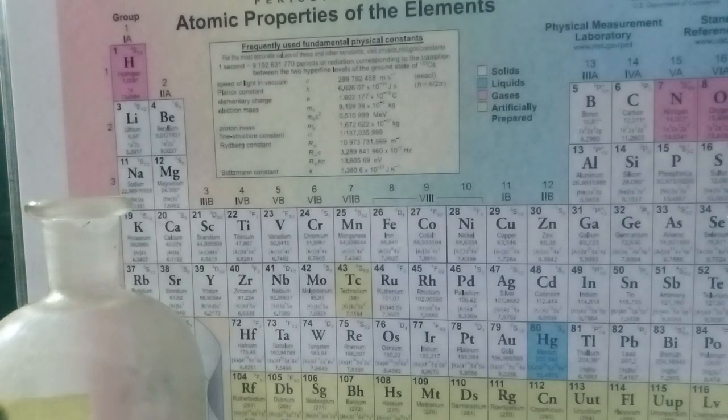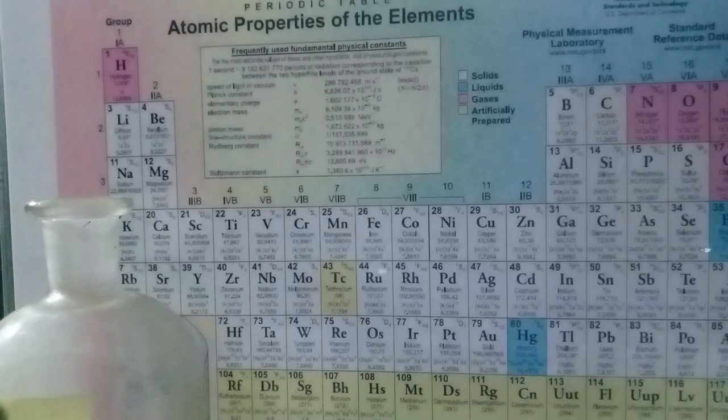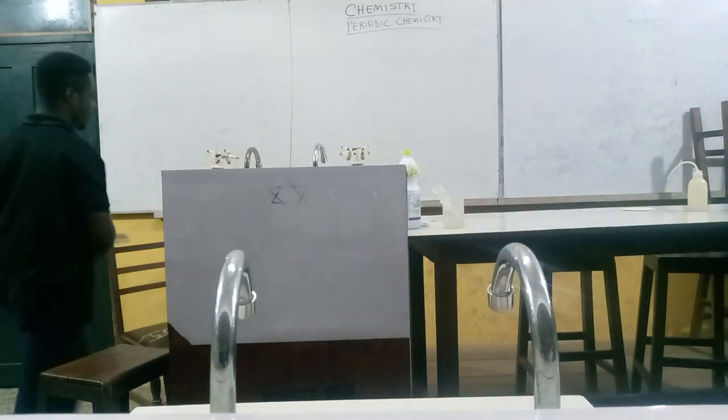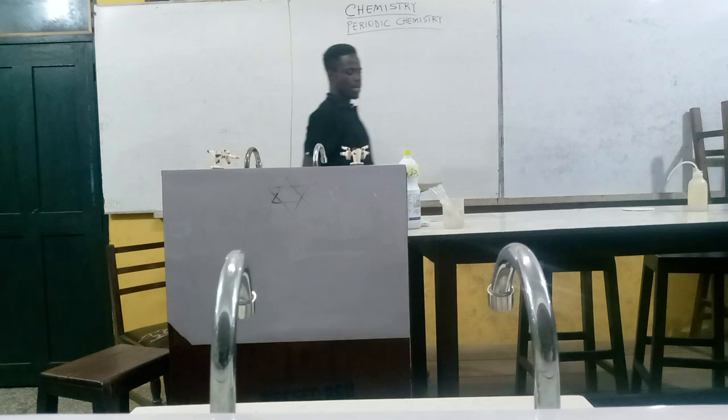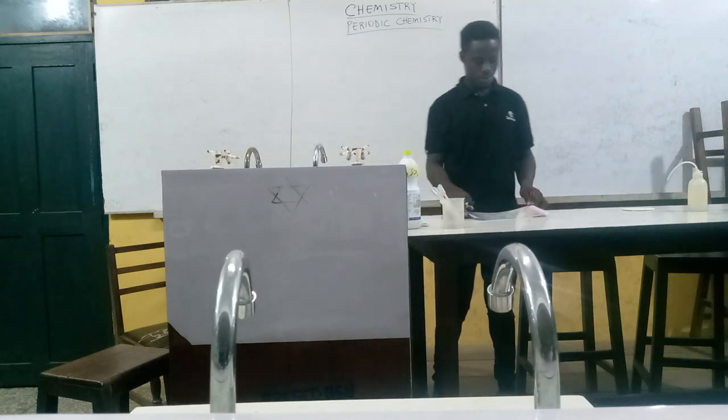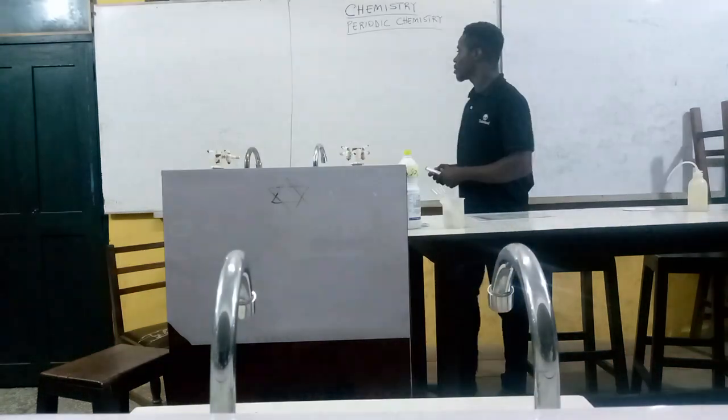Please try to watch the video to the end so that you can understand the concept in a better manner. All right, so in today's discussion, basically, we are going to look at some trends on the periodic table.